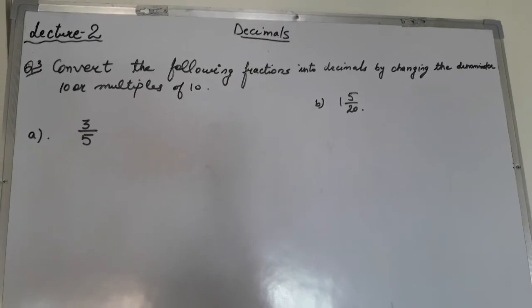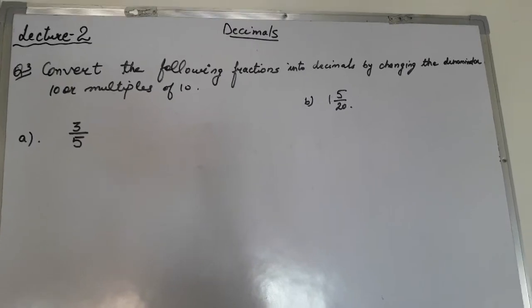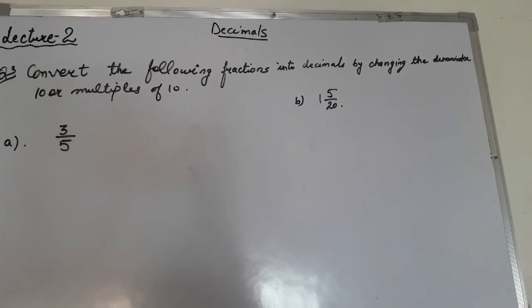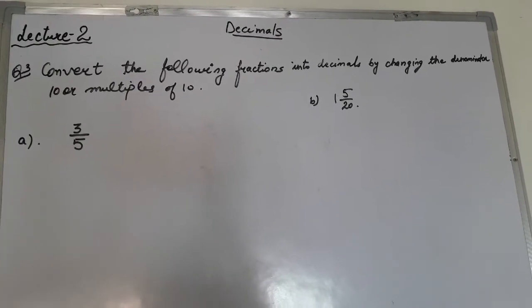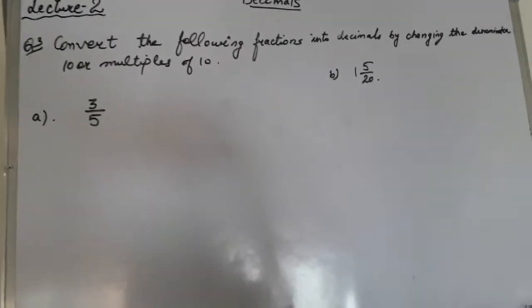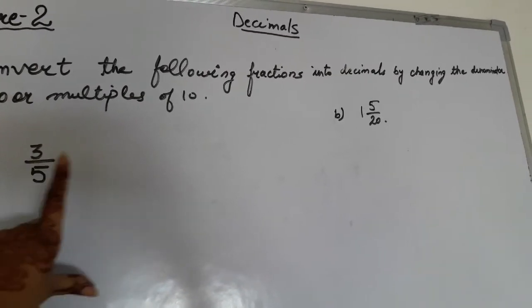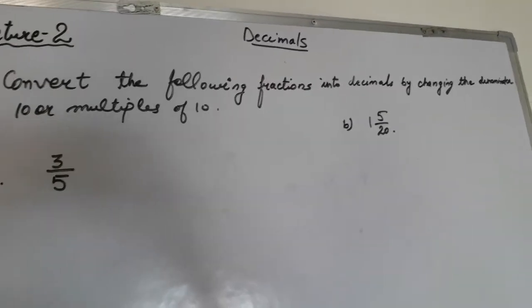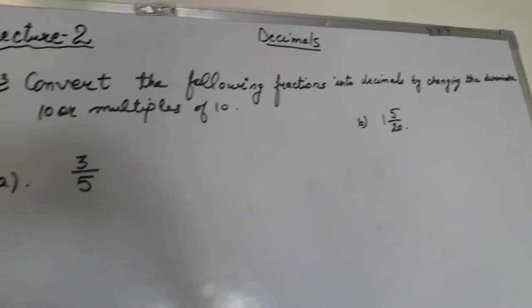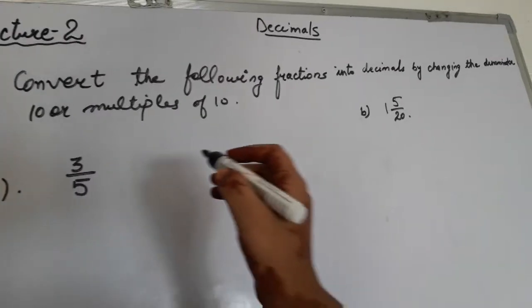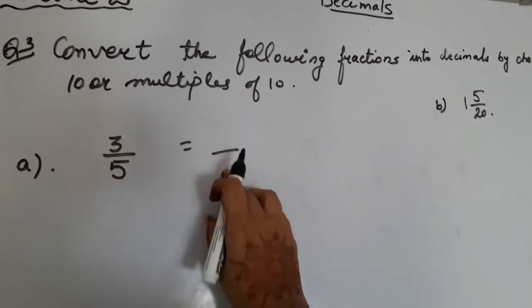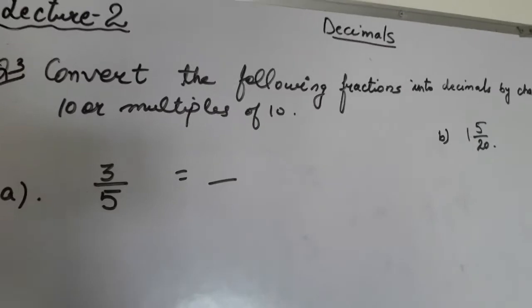Now my next question is to convert the following fractions into decimals by changing the denominator to 10 or multiples of 10. What he wants to say is that we should change these fractions by making the denominator 10, 100, 1000 and so on. So let's see how I will do it. Now you know what I should multiply so that I can get 10 here?